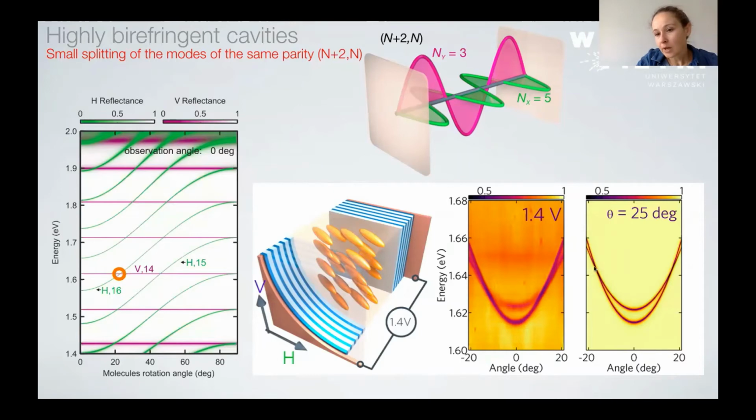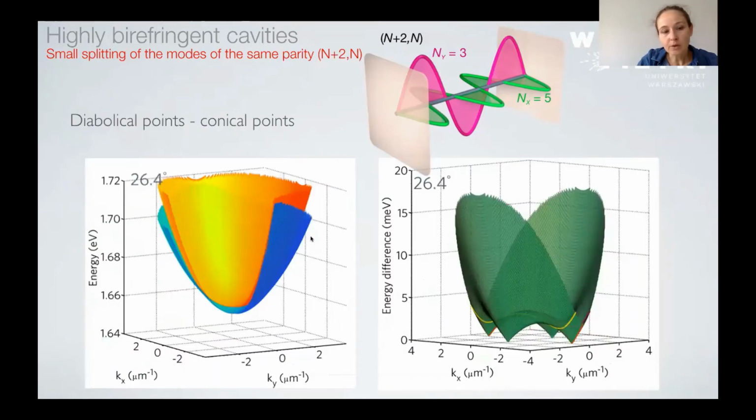And again, we have this crossing of the 2 parabolas. But now, when we plot this in the two-dimensional momentum space, kx and ky, and we take the difference between the upper parabola and the lower parabola of the two modes, what we have is not two, but already 4 conical points.